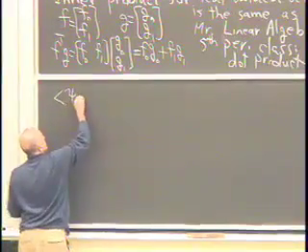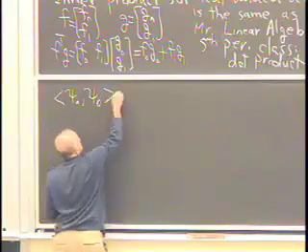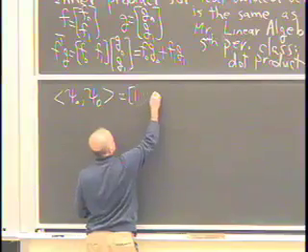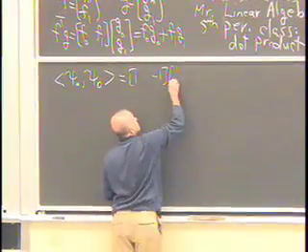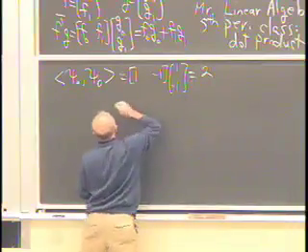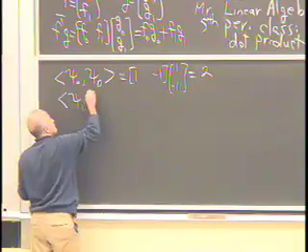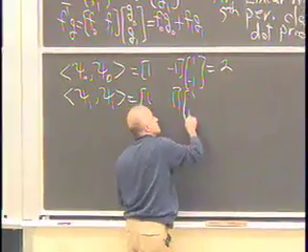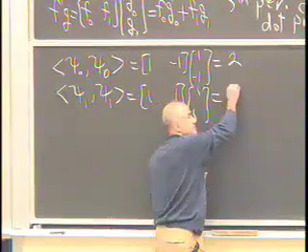So C0, C0 is 1, negative 1 times 1, negative 1. You get 2. And C1, C1 is 1, 1 times 1, 1. You get?